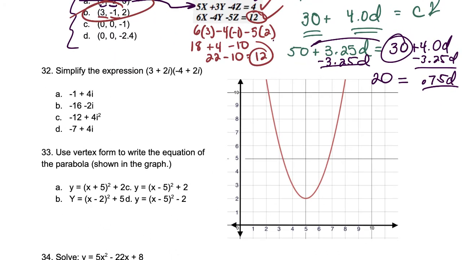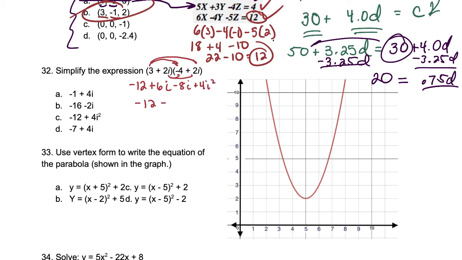Problem 32, simplify the expression. So this is just the distribution, so look what you get. 3 times -4 is -12. 3 times 2i is 6i. 2i times -4 is -8i. And 2i times 2i is plus 4i squared.